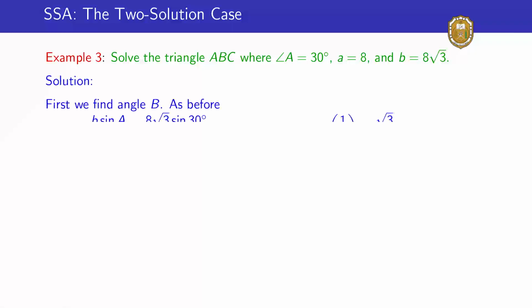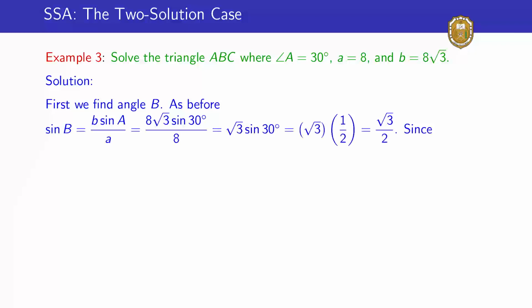So first we find angle B. As before, sine B is equal to b sine A over a, which is equal to 8 root 3 sine 30 degrees divided by 8. That can be written as root 3 times 1 over 2, because the sine of 30 degrees is 1 over 2, and that gives you root 3 over 2.